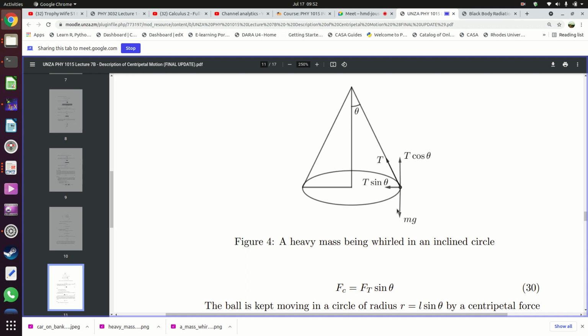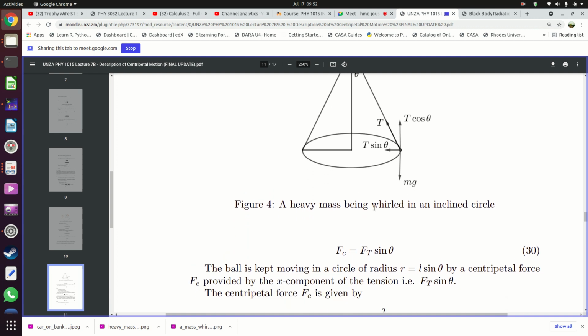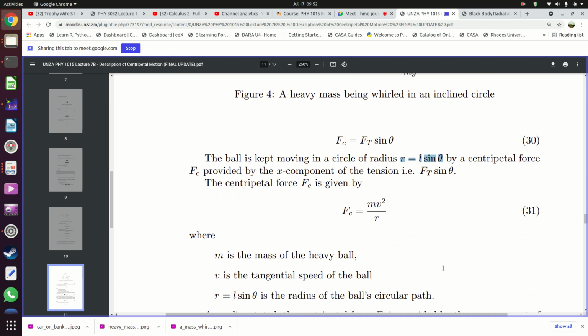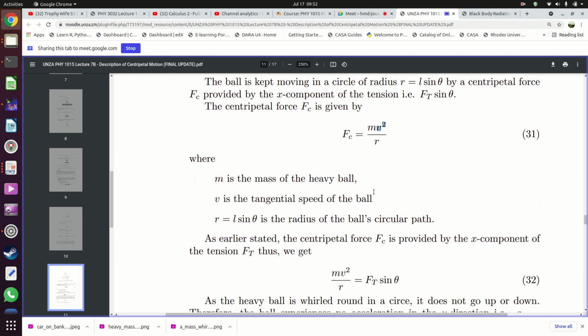So the length of the rope is L, and the radius of this circle is R. R is given by L sine theta. With this information, we can write our centripetal force. Fc is equal to the mass of the object moving in a circle, times the speed squared, divided by the radius of the circle in which it's moving, where R is this bit.